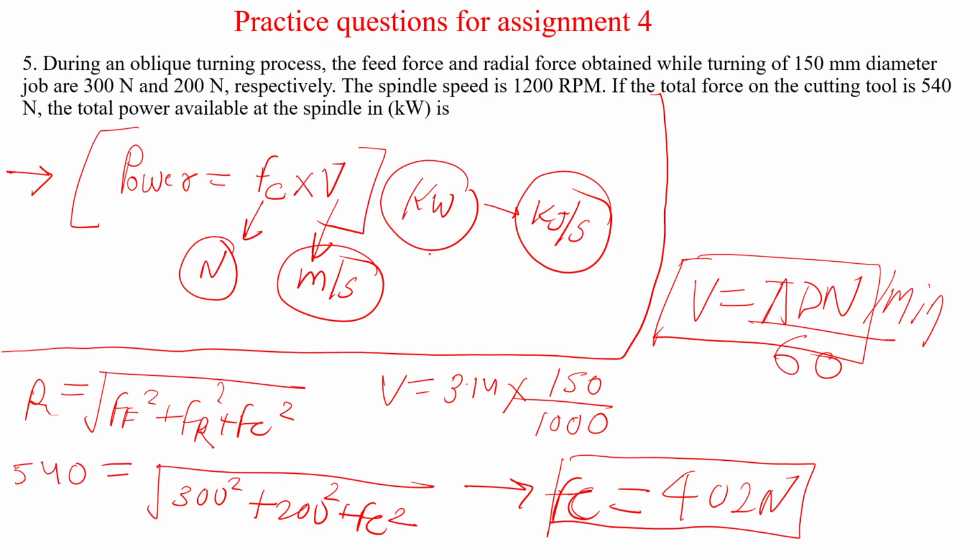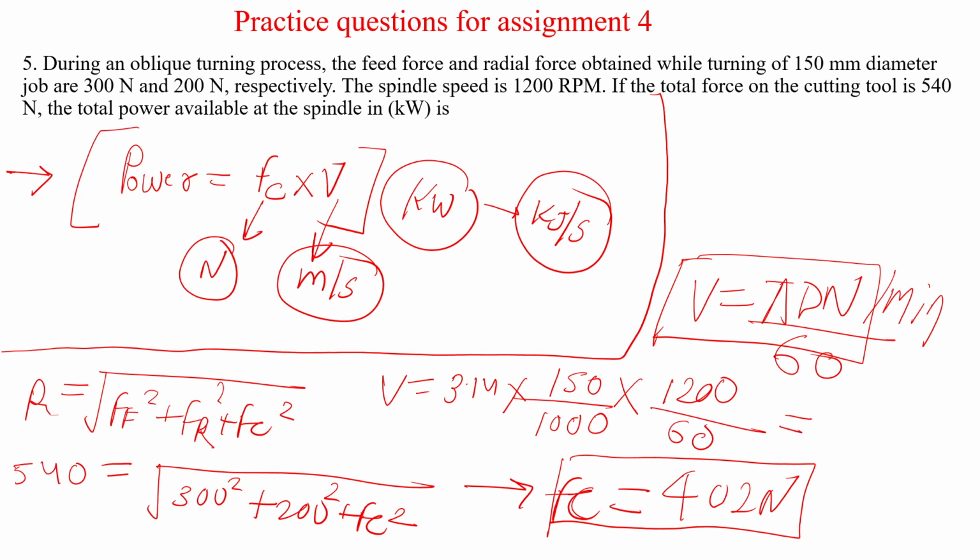Because you need to find in meter, but it is given in mm. So you should divide by 1000 to convert it into meter. Right? And N is how much? 1200. This is per minute. So by 60 for second.